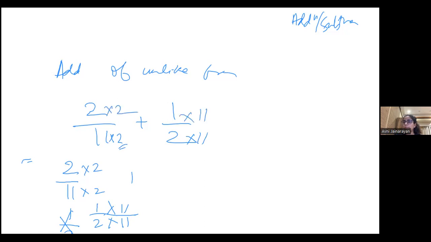It has to be the same. So it becomes 4 upon 22 plus 11 upon 22. Now see how easily I have converted unlike to like. It becomes 15 upon 22. This is the answer. So even if your child doesn't know LCM and he's preparing for Olympiad and you don't have time, you can use the prior concept of equivalent fractions and help him solve this.